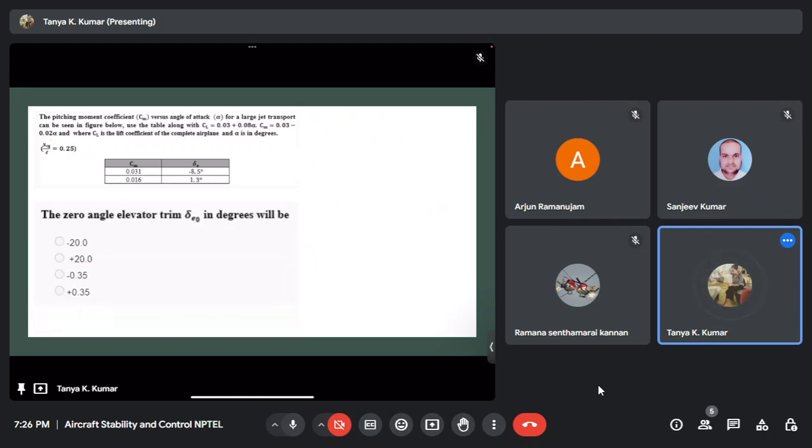Next question. The zero angle elevator trim delta E naught in degrees. So delta E naught, the formula is given by minus Cm naught by Cm delta E. Cm delta E we found out in the first question. Cm naught is given to you in the question directly.